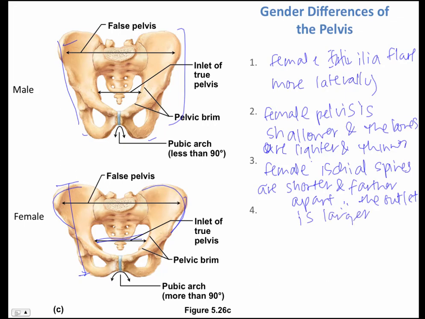And then finally, a female pubic arch is more round because the angle of the pubic arch is greater. Okay, so here, much rounder, and that's because this angle is much larger compared to this arc over here. So it's less than 90, and this one is more than 90 degrees.